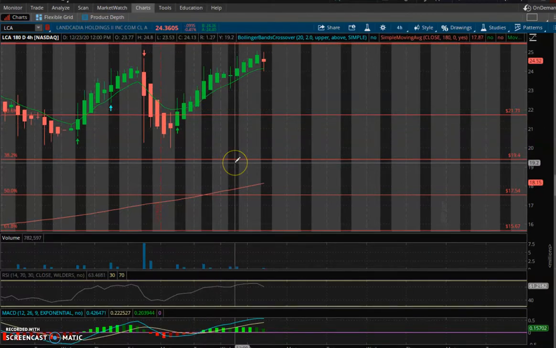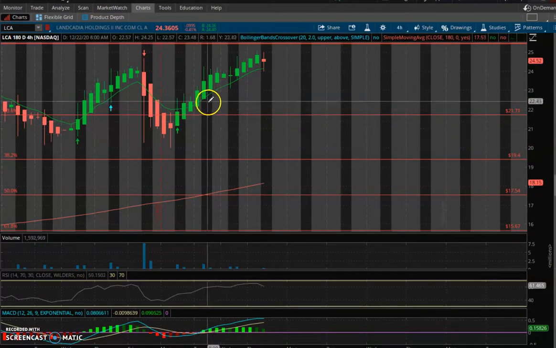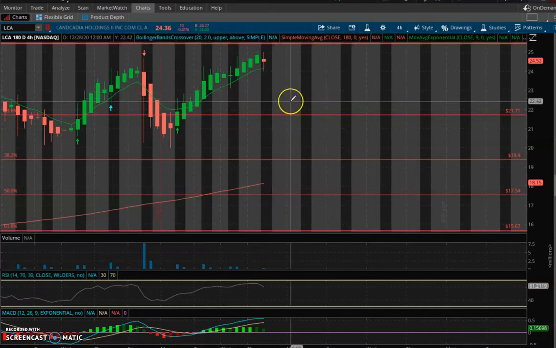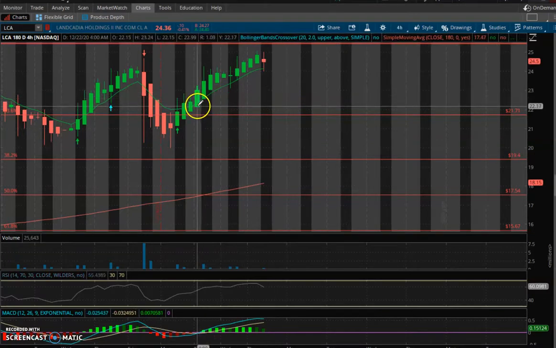If you remember the last video, we talked about anything above that exponential moving average shows a good sign of price strength. Anything below doesn't necessarily show a very good price trend. So you want to be patient and make sure that you confirm that we are going to see some upside on that particular stock.